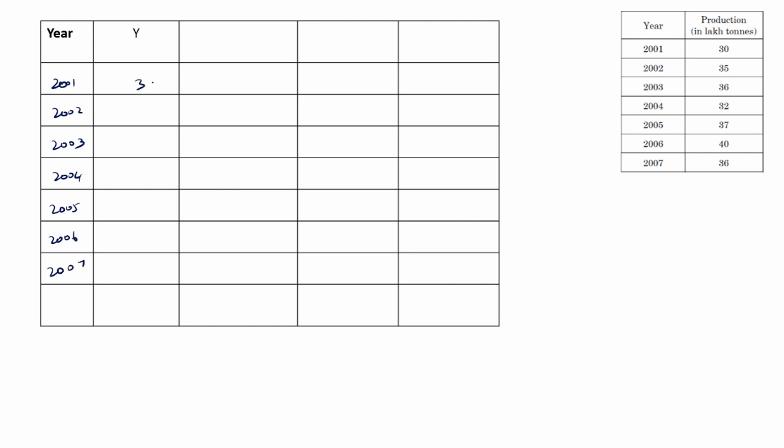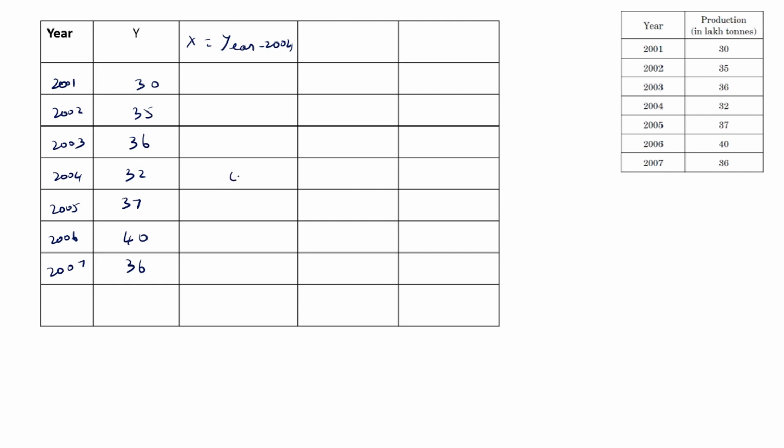The y values are 30, 35, 36, 32, 37, 40 and 36. And here we have the x value. Here we can see that the number of years is odd. So we have x as year minus the year in the middle. So x is year minus 2004.